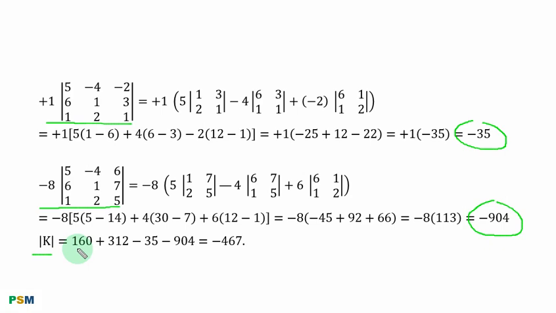The first one, its determinant is 160, plus the second 312, the third minus 35, and the last minus 904. If you carry out this operation, the determinant of matrix K is equal to minus 467.